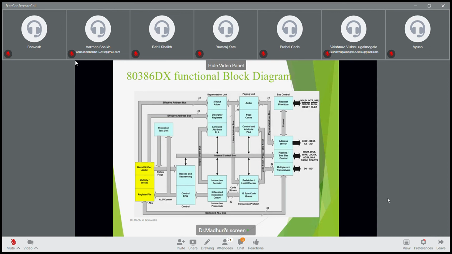Okay, now the next, it also accesses the memory for the data. That means it manages the read-write operation of the processor. It also performs the read-write operations with the I/O addresses, with the input-output addresses.